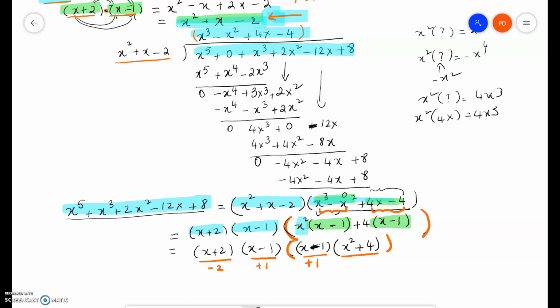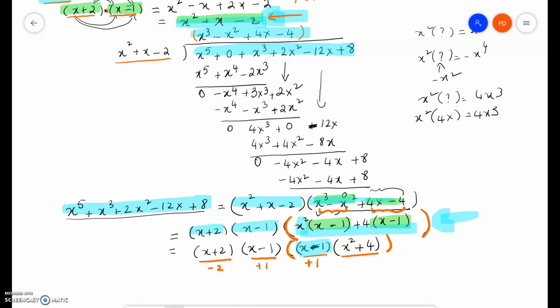So we get x squared times x minus 1 plus 4 times x minus 1. And now notice that x minus 1 is a common factor between these two. So I factor x minus 1 out to get x squared plus 4. Now I've completely factored the expression.